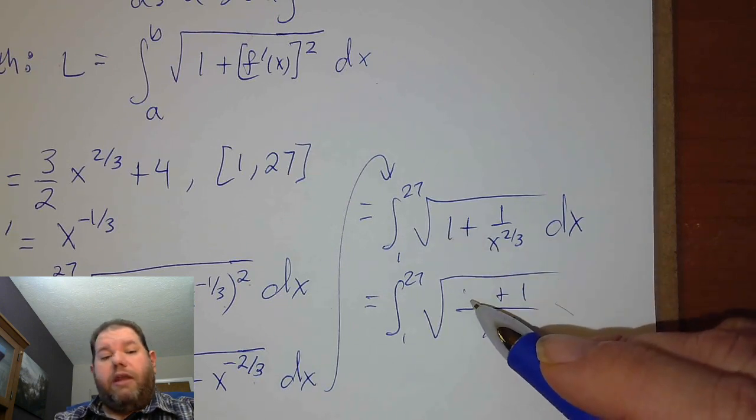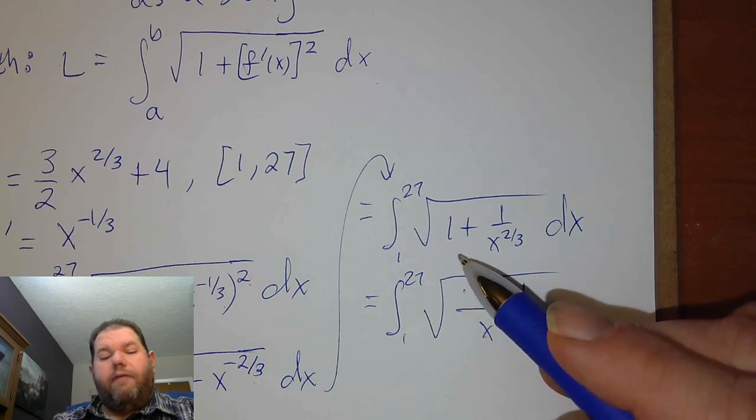Now, what does the 1 have to turn into here in order to have that common denominator?